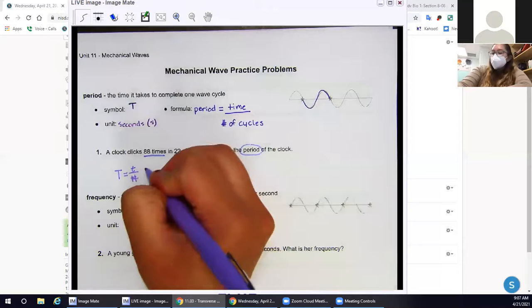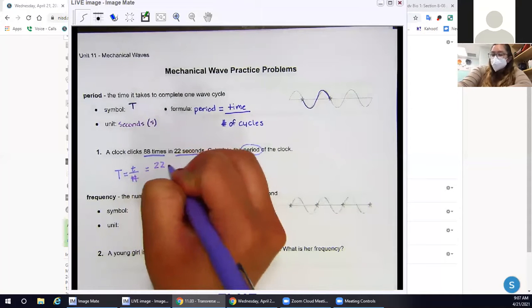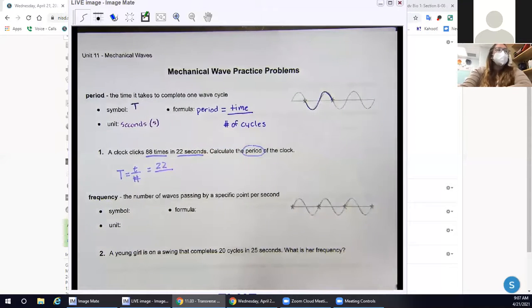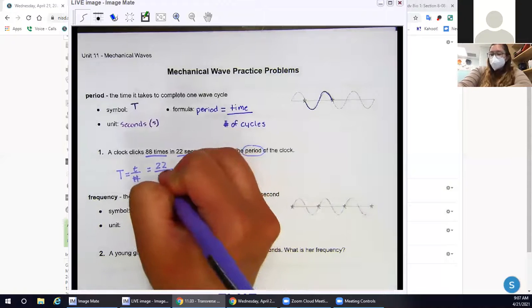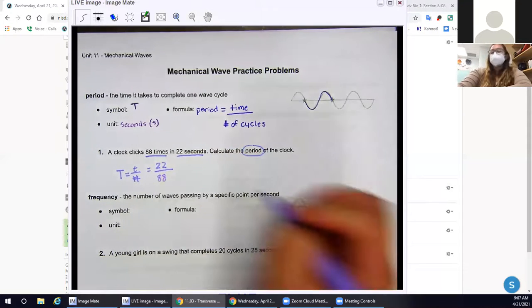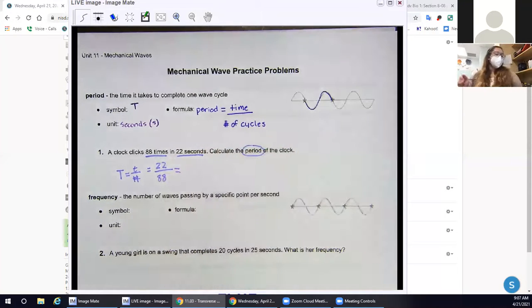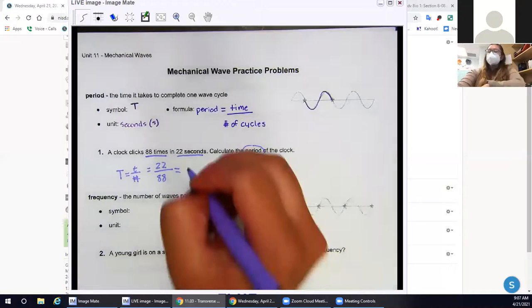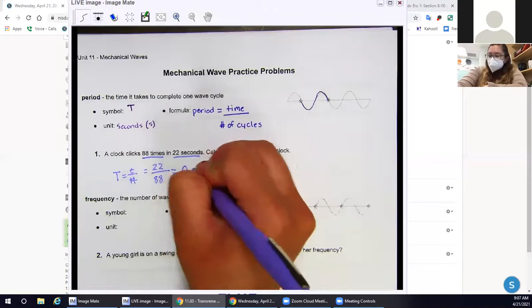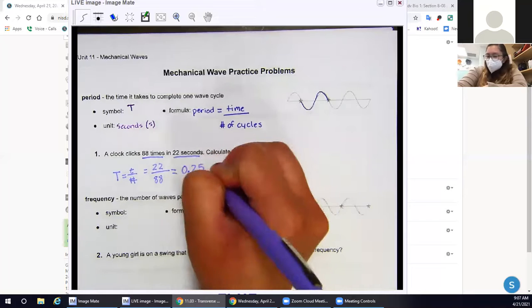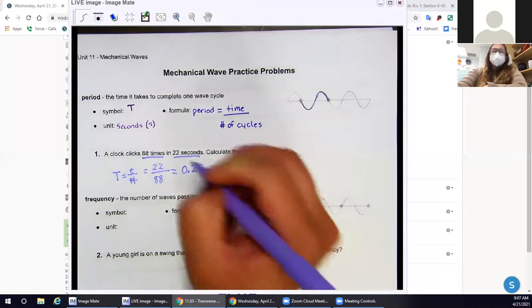So our time is 22 seconds. Our number of cycles is 88 because it clicks 88 times. 22 divided by 88. 1/4, yes, which would be 0.25 seconds because our unit is in seconds.